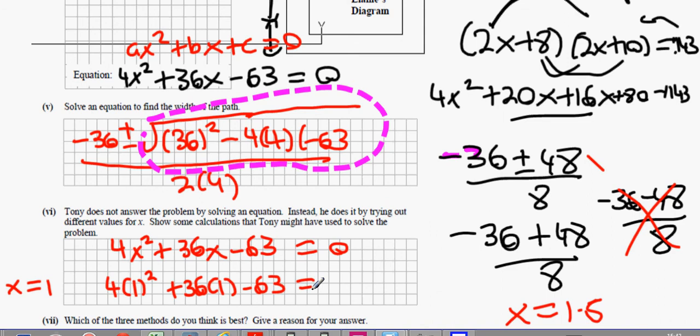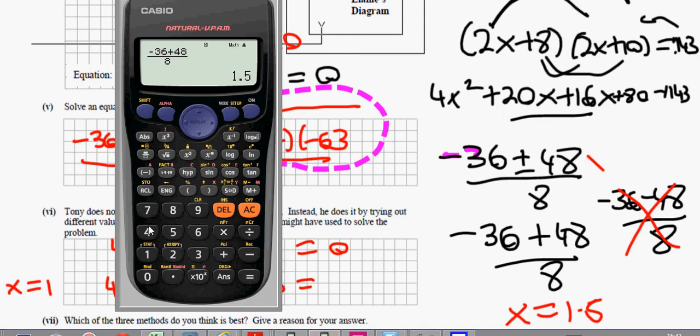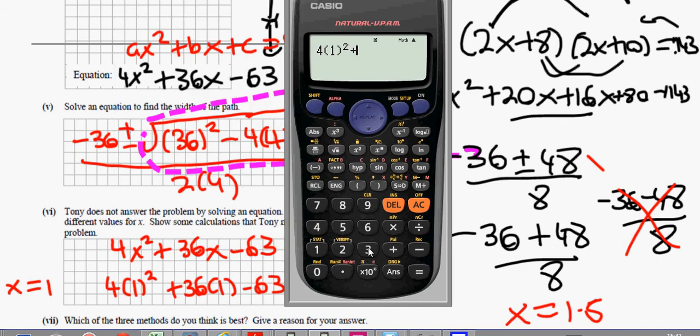We put that into the calculator: 4 bracket 1 squared plus 36 times 1 minus 63, and what we get there is minus 23.